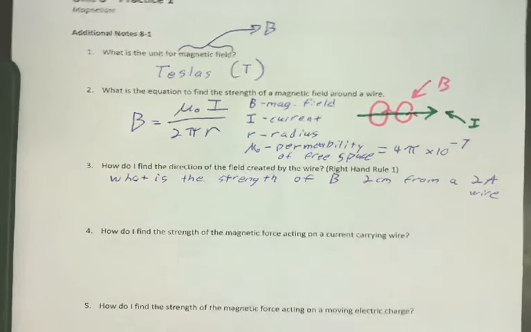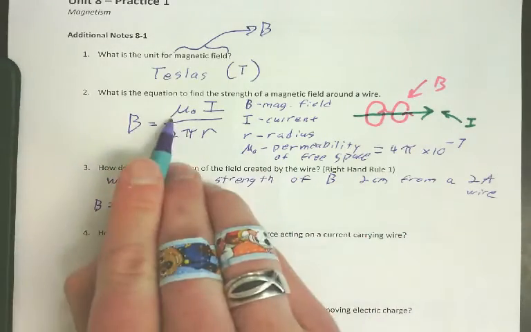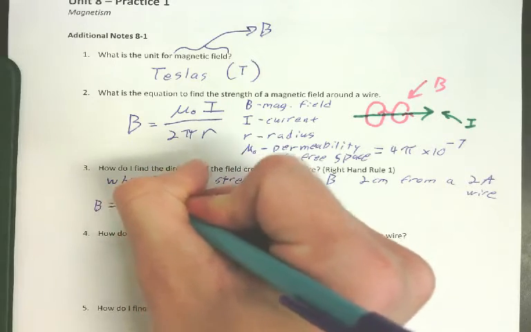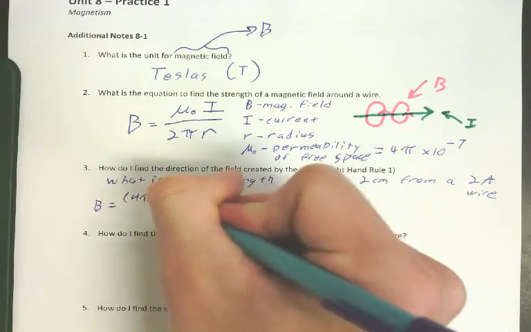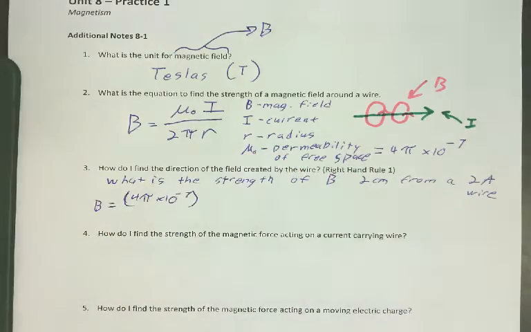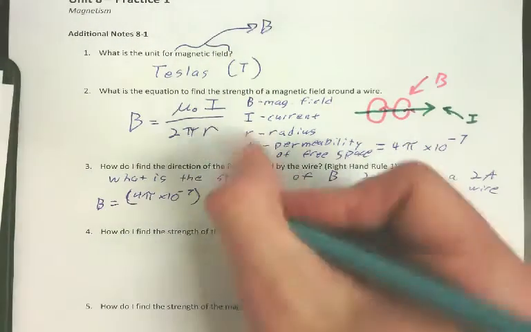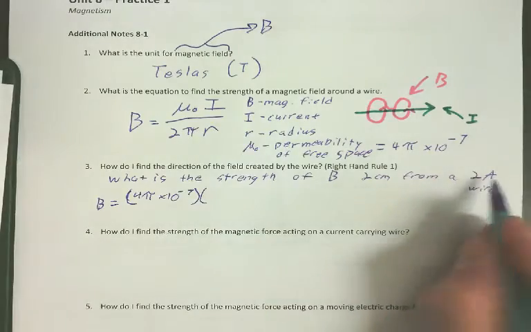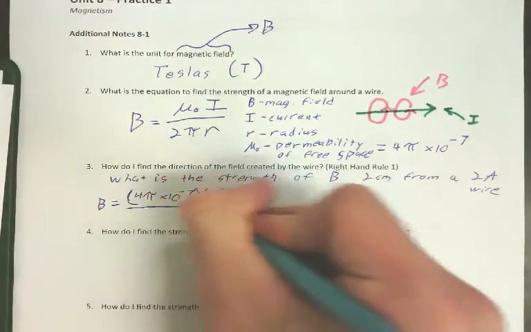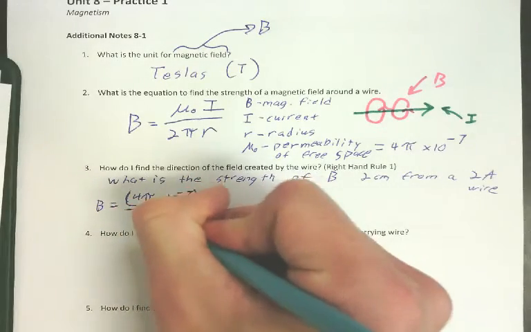Well, I would say B equals mu naught, which is this number always, 4 pi times 10 to the negative 7th. And then I would multiply by the current, which is 2, and I would divide it by 2 times pi times r.